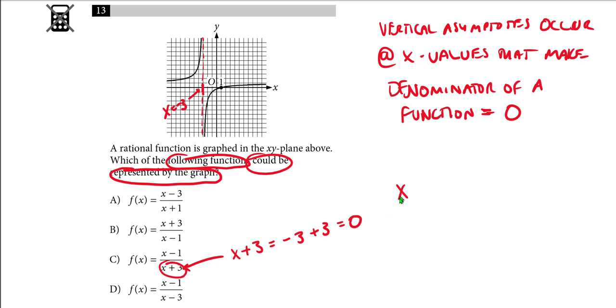In other words, it is this denominator right here. I'm going to do this a slightly different way. I'm going to set that denominator equal to 0, and then I'm going to subtract, and I get x equals -3. So it is that -3 value that will make this denominator equal 0, and therefore when x equals -3, the function in answer choice C will be undefined.